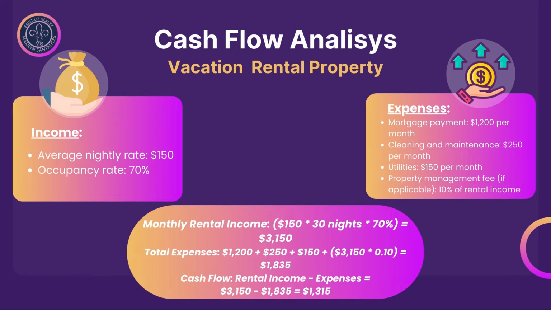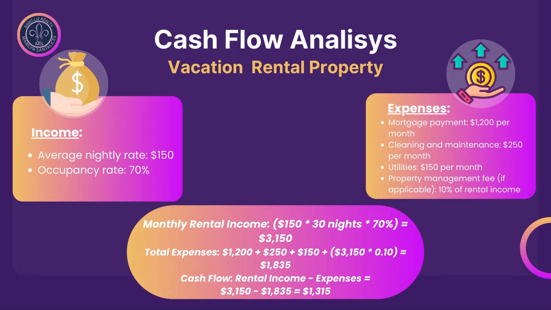The occupancy rate is 70%. Then the expenses are a mortgage payment of $1,200 per month, cleaning and maintenance of $250 per month, utilities of $150 per month, and a property management fee, if applicable, of 10% of rental income.